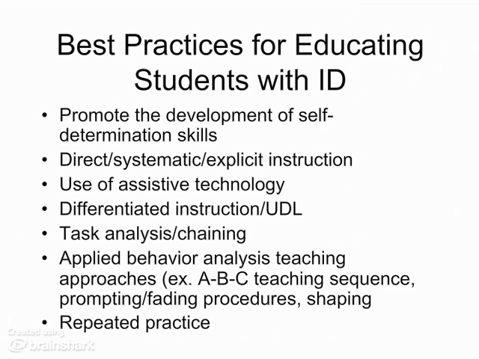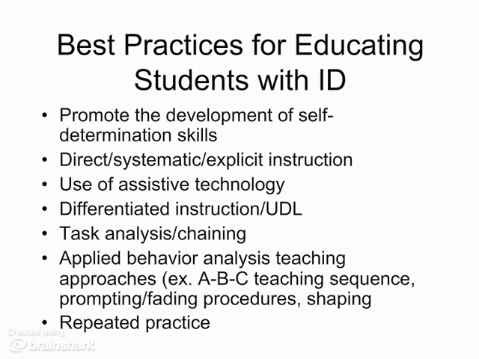There is a module on task analysis that teaches you how to use that strategy. Using applied behavior analysis teaching approaches is also important, including the ABC teaching sequence, using prompting and fading procedures, and using shaping. And finally, providing many opportunities for repeated practice.